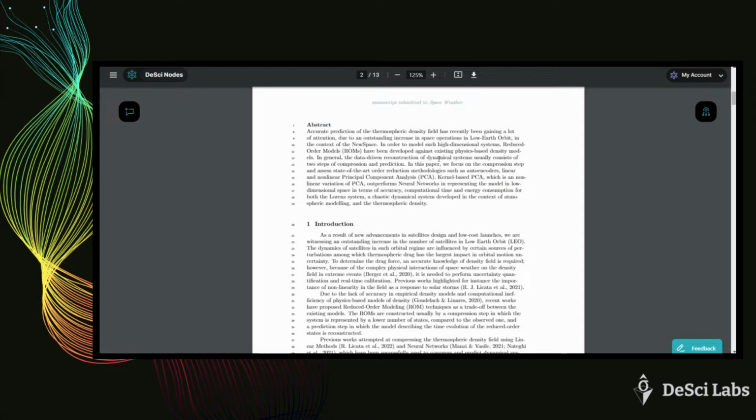So I can go through the problem statement. In low Earth orbit, at an altitude of around 100 kilometers to around 2,000 kilometers, this is the region which is of great interest for commercial satellites and also some Earth observation satellites. Because of new advancements in satellites, we are witnessing a huge number of launches in this region, so in the following years we have to deal with huge traffic in low Earth orbit.